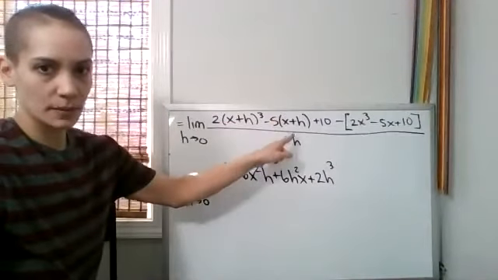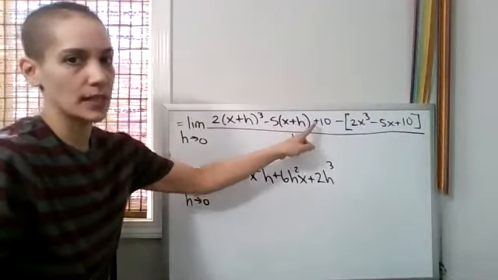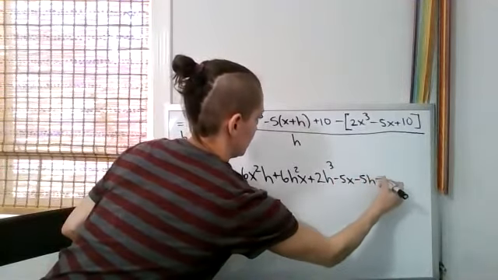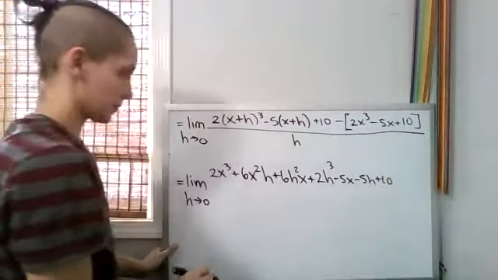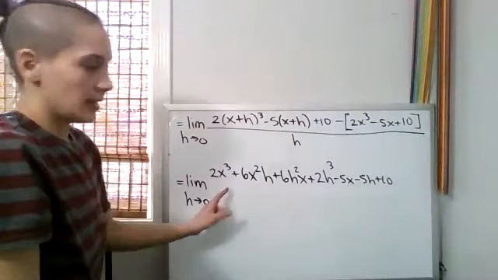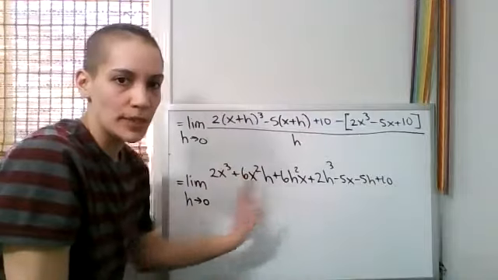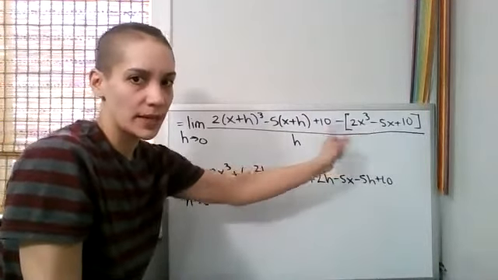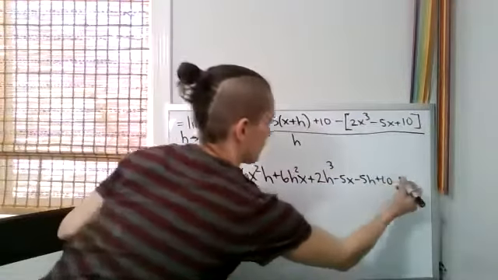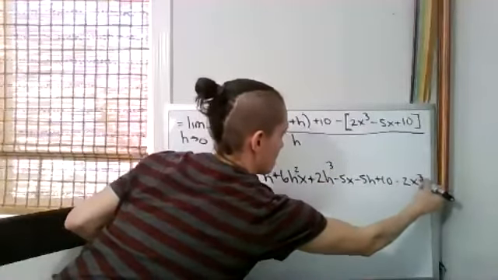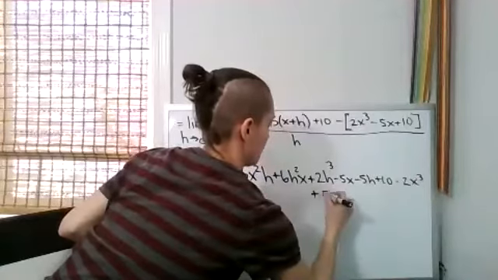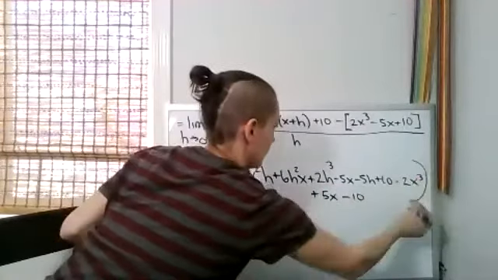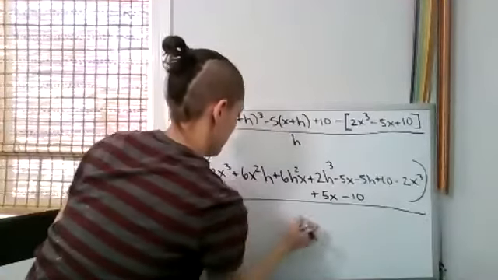Minus 5x minus 5h plus 10. And the rest of it will be sitting below, but this is all the numerator right now. Minus 2x cubed plus 5x minus 10. And divide that by h.